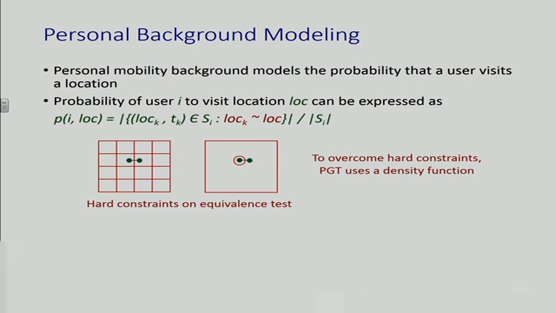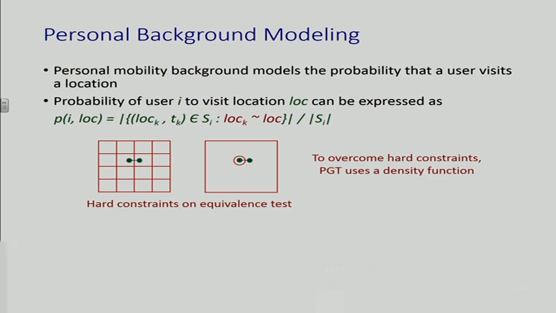Another way to do it is to consider a radius from a given location and see if these two users are within that circle or not. But the problem with this sort of equivalence test is that it puts hard constraints. For example, as you can see in the grid case, two users may be in different grids, but they can be pretty close to each other in terms of location proximity. And in the second case, if someone is just outside the circle, it disqualifies that meeting event.